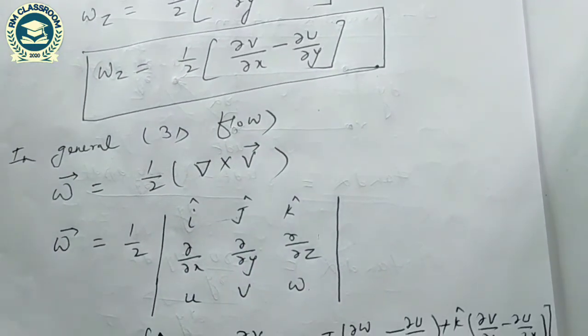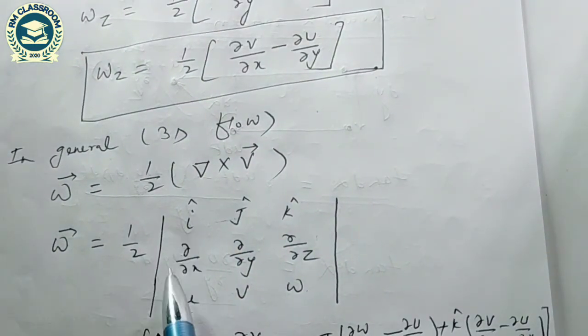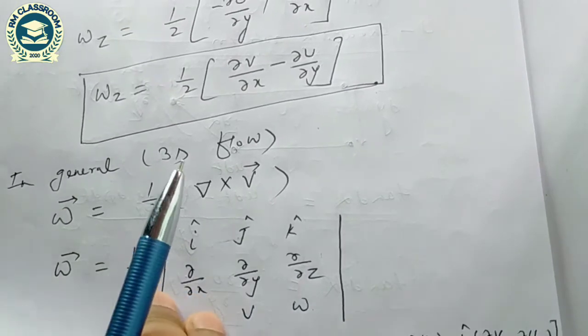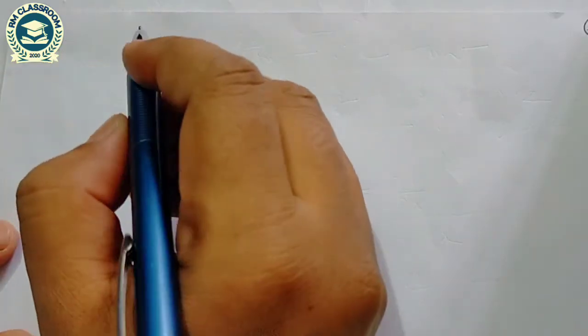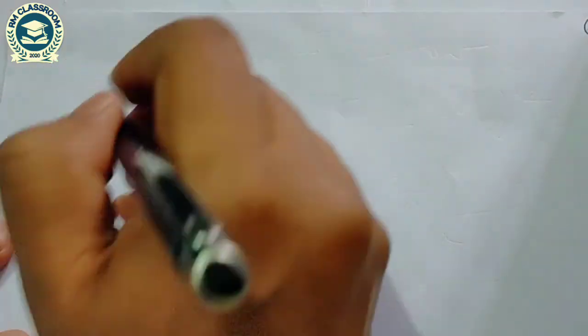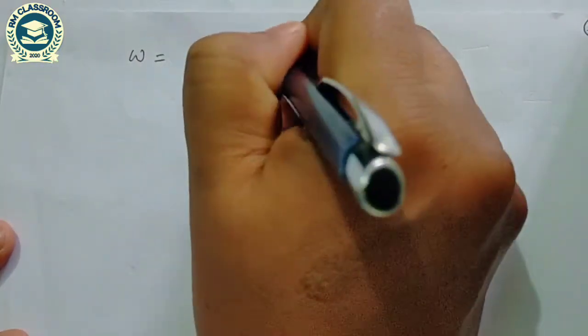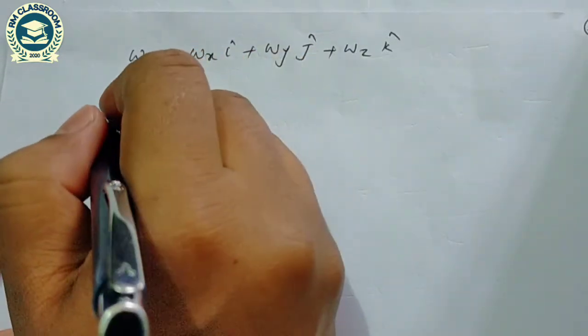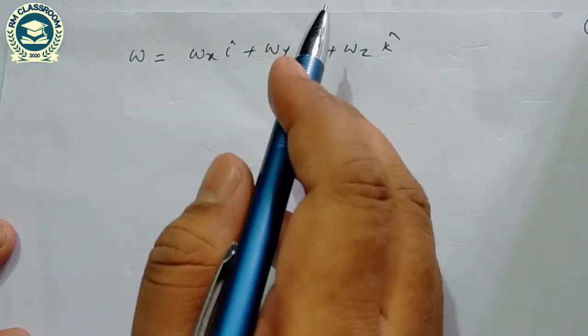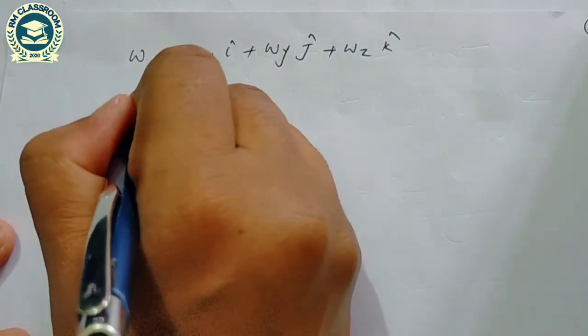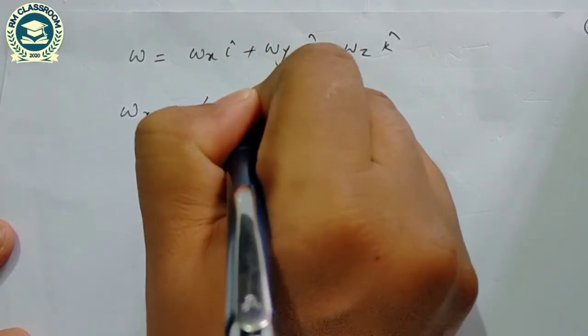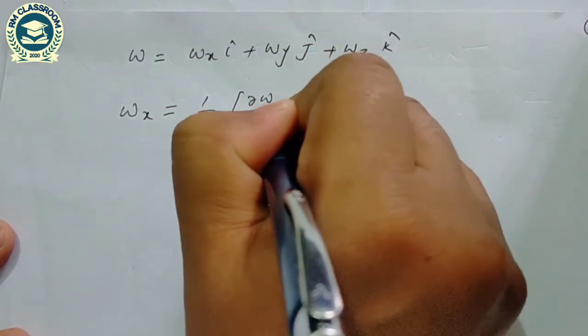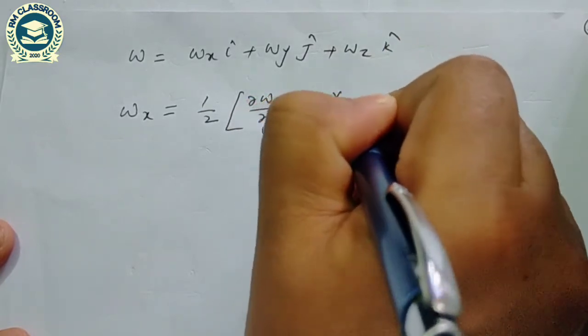We have written omega is equal to omega x i plus omega y j plus omega z k. So if I equate this equation with whatever we have computed, omega x can be written as 1 by 2 del w by del y minus del v by del z.